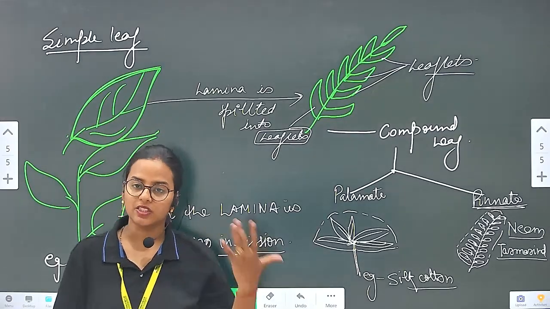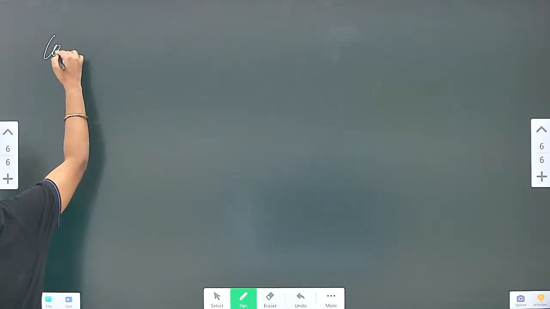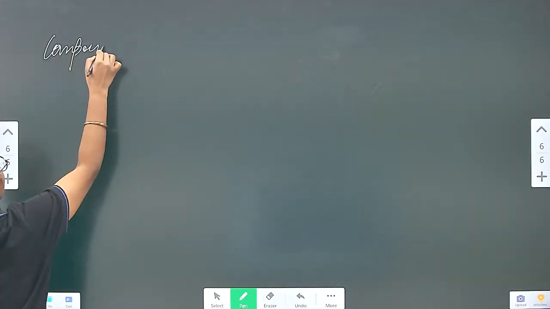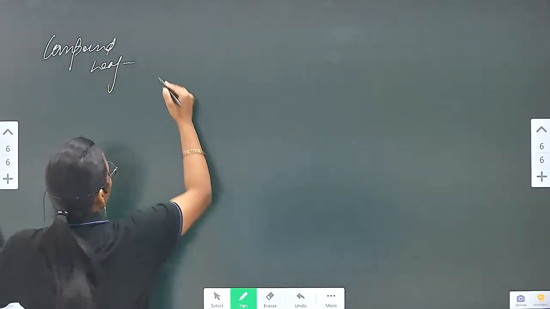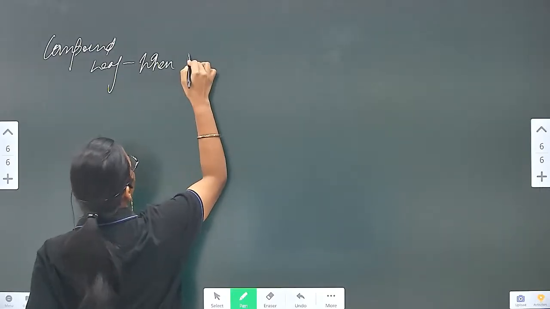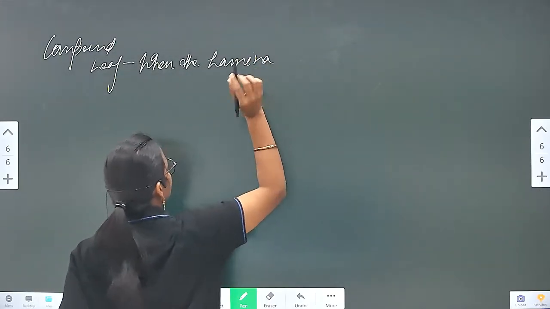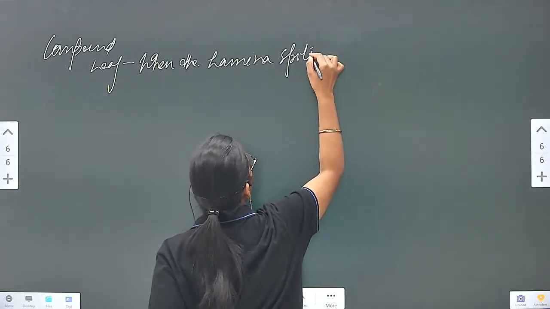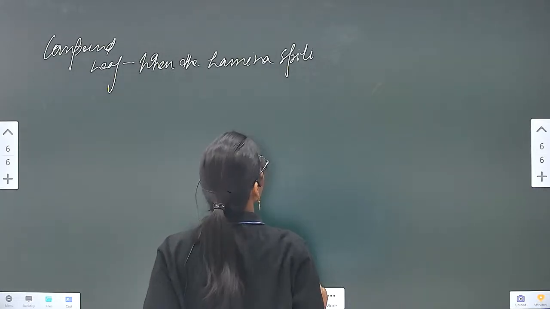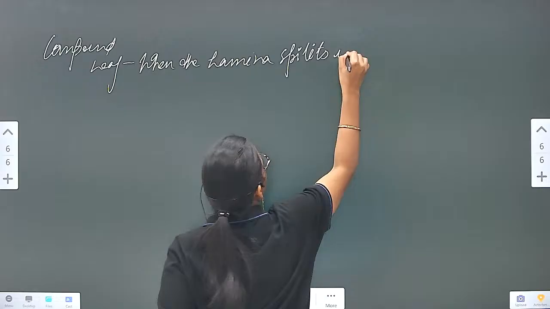So how do we define it? Let us define compound leaf. Write down.